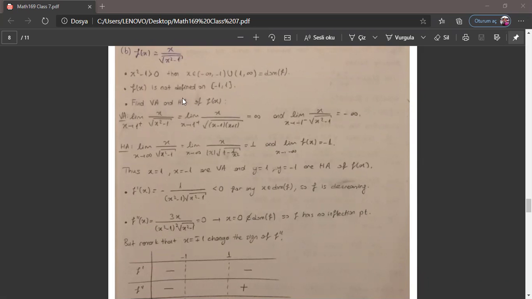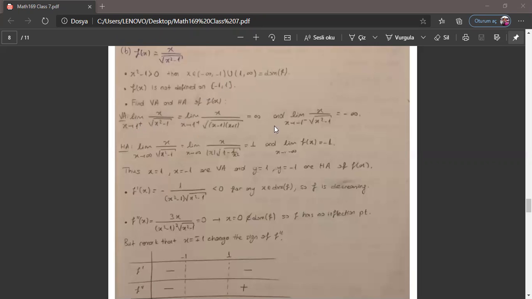So what about vertical and horizontal asymptotes? We see that plus and minus 1 are the roots of this function. So we check 1 from the right only. Why do we do that only? We don't care about the limit when x is approaching 1 from the left, because it's not defined on this interval, so we cannot approach 1 from the left. That's why we don't compute it.